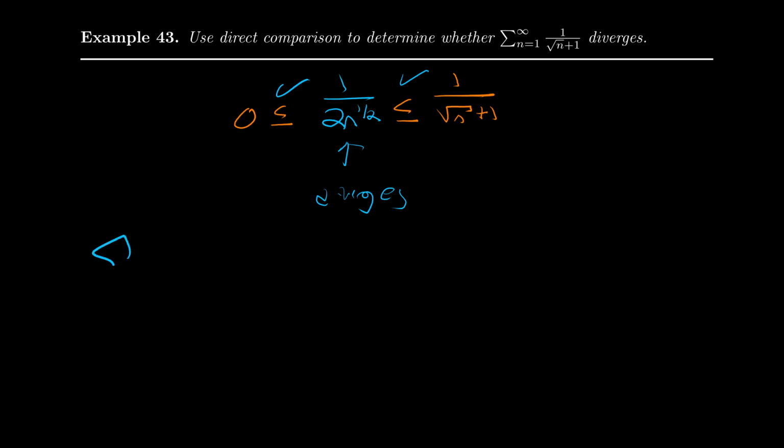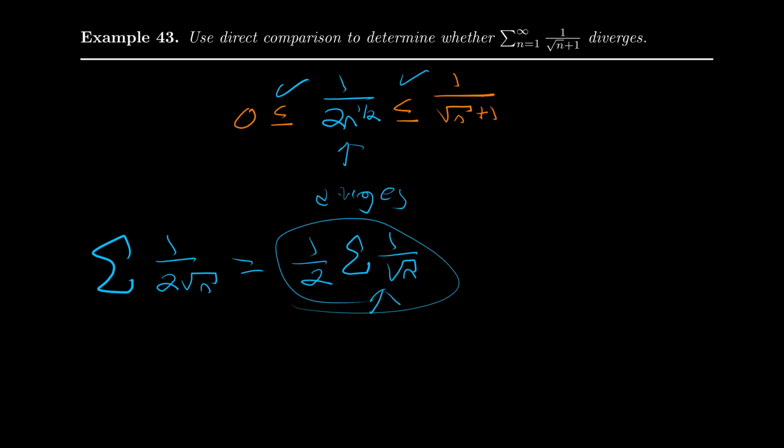Because remember, the series 1 over 2 square root of n is equal to 1/2 times the series 1 over the square root of n. And since we know that this diverges because it's a p-series, then the whole thing must diverge. Remember that graph that we drew, right? We've got this guy here, and in blue, that's the guy that we're doing.